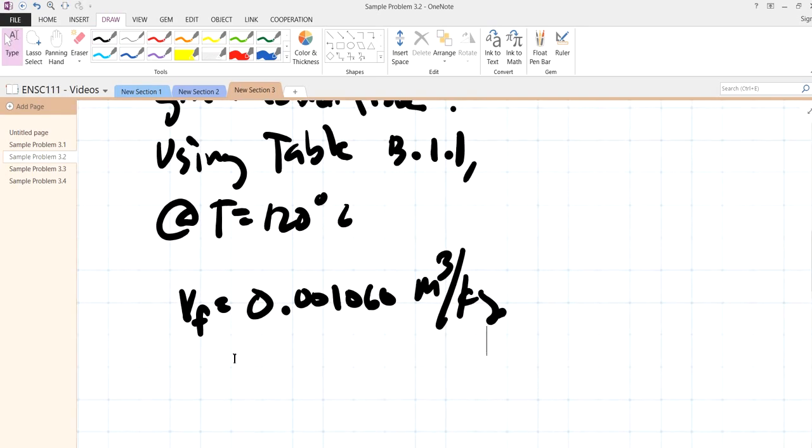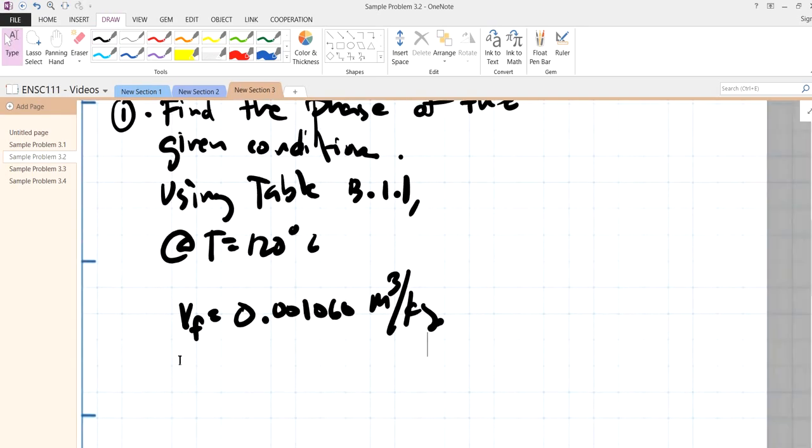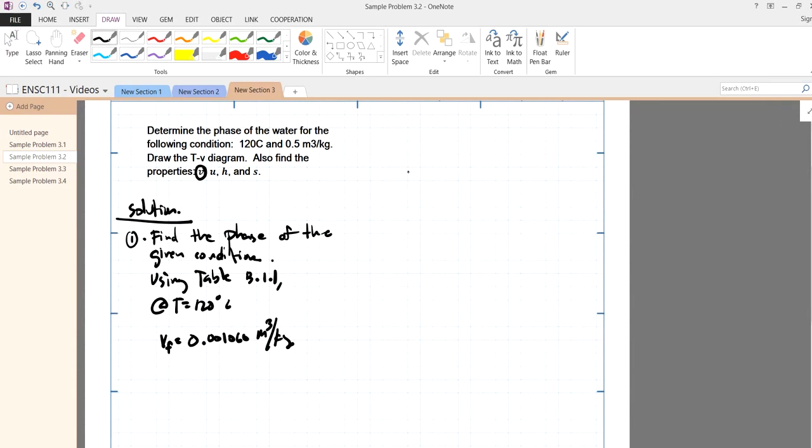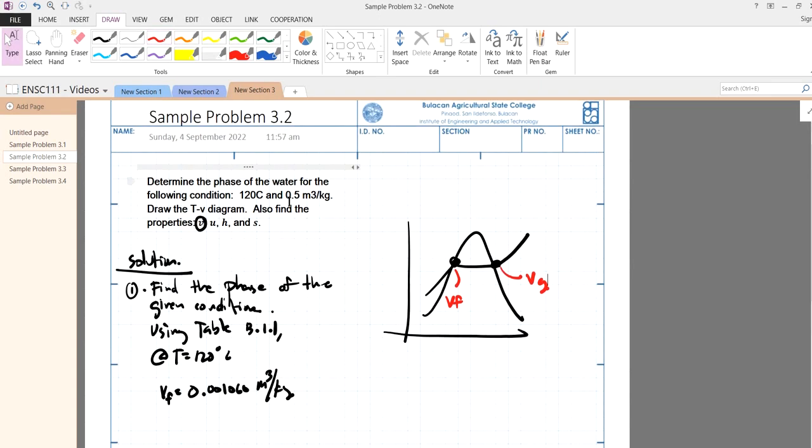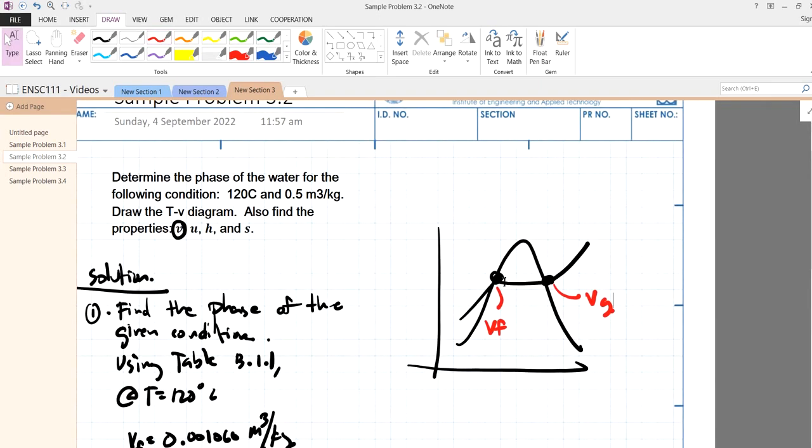Okay, so we are going to check first what the value of VF is and what the value of VG is, and compare whether the 0.5 cubic meter per kilogram is greater than VF or greater than VG.